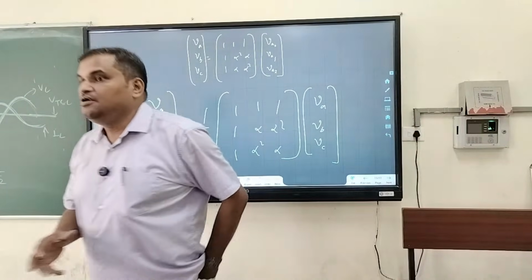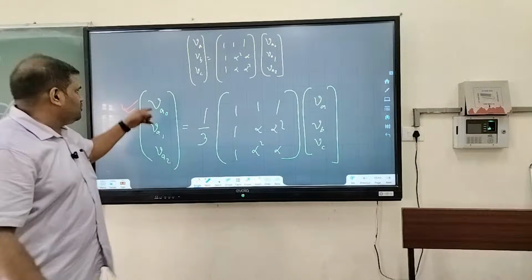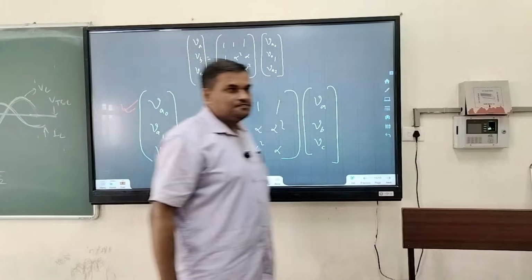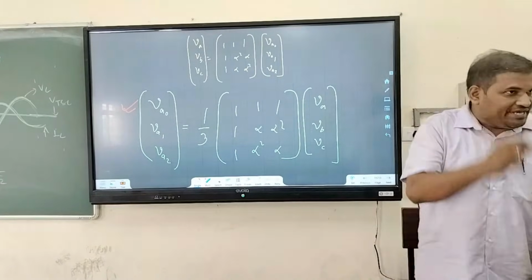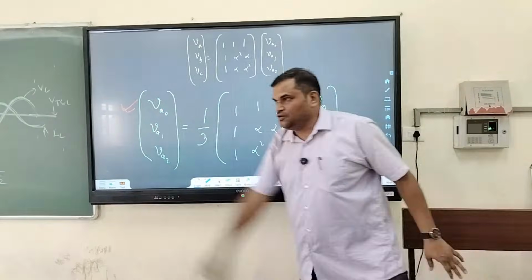अब मुझे बताओ अगर VA, VB, VC तीनों बराबर हैं, व्हाट इज द वैल्यू ऑफ VA0? If VA, VB and VC all are equal, what is the value of VA0?